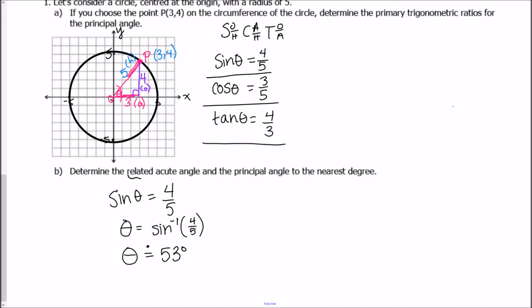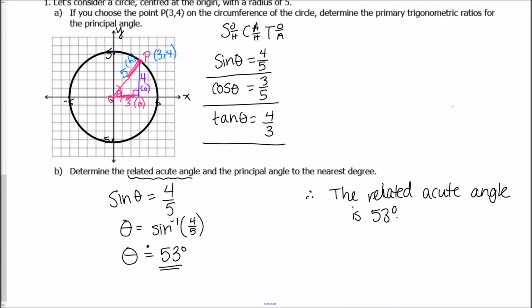So the first thing it asked me to do is find the related acute angle. 53 degrees is an acute angle, so therefore the related acute angle is 53 degrees. And it also asks for our principal angle.